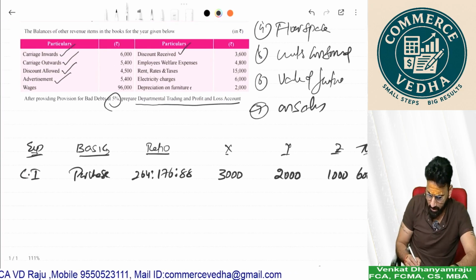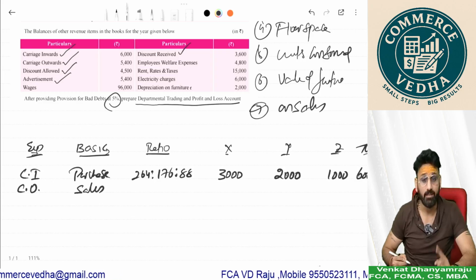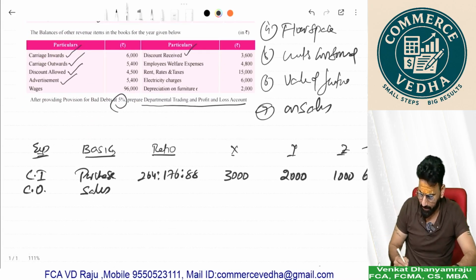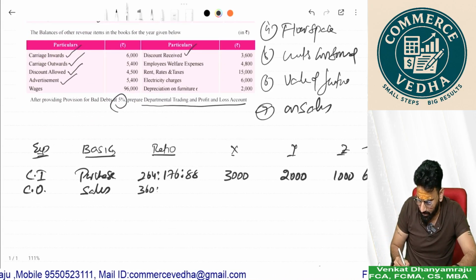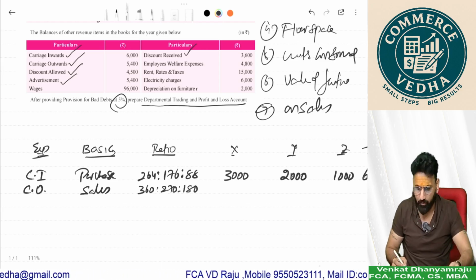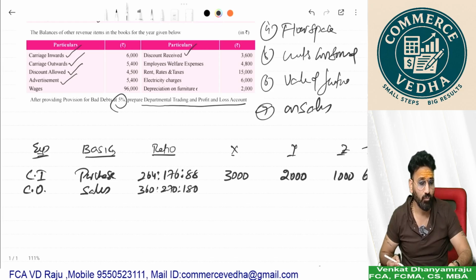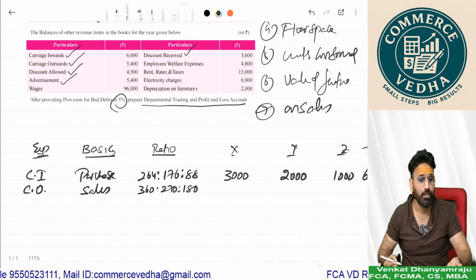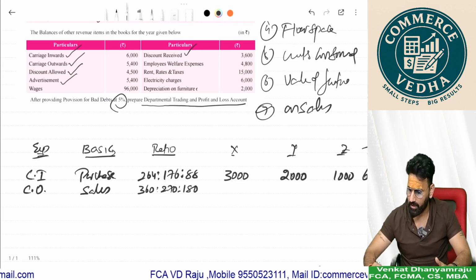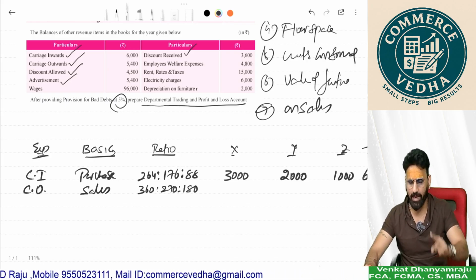The second allocation is for carriage outwards. That should be on the basis of sales. What are the sales here? 360, 270, 180. If you divide by 90, it is 4 is to 3 is to 2. Now 360 plus 270 plus 180, the total is 810.